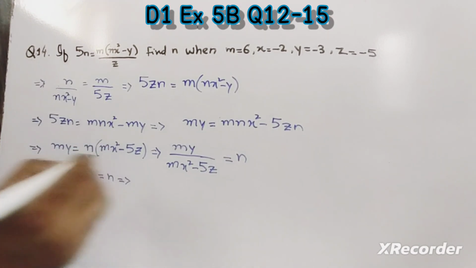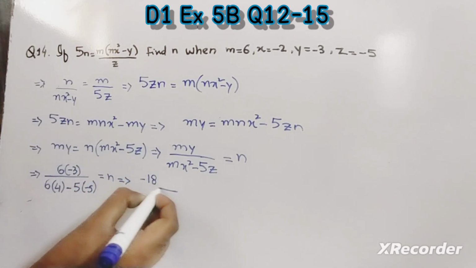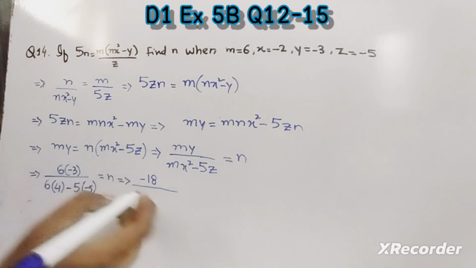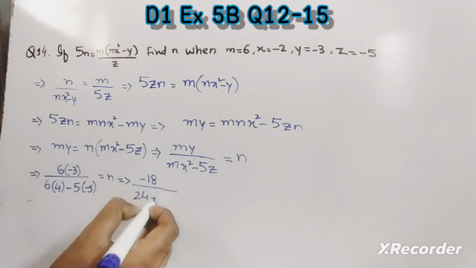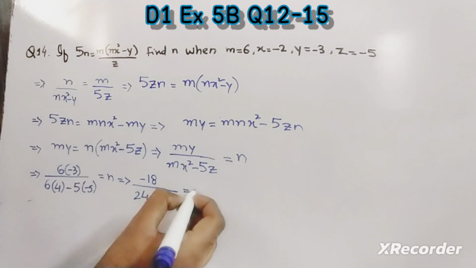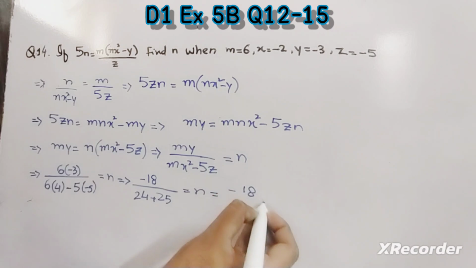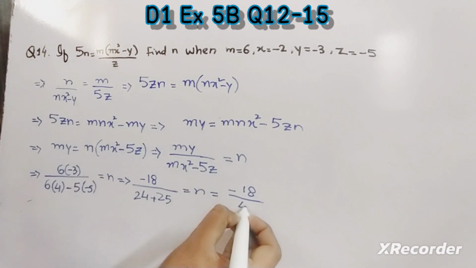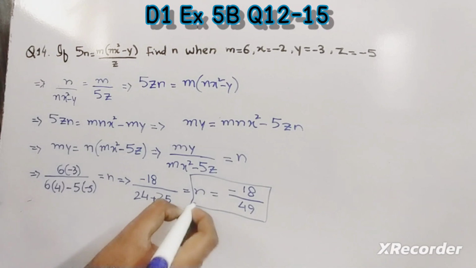By solving, 6 times 3 is 18, minus 18 upon 6 times 4 is 24, plus 5 times 5 is 25 is equal to n. So our n will become minus 18 upon 49, and that is our required answer.